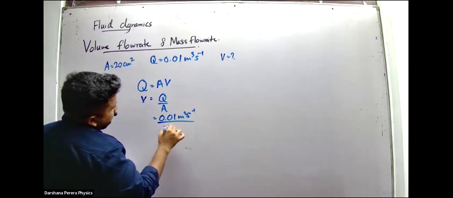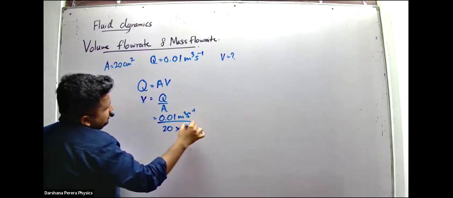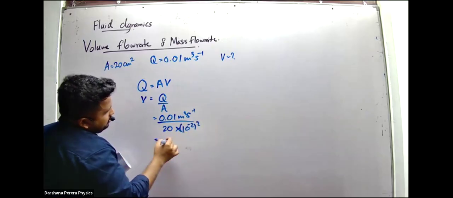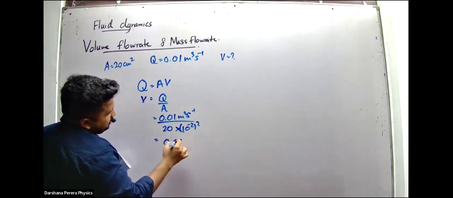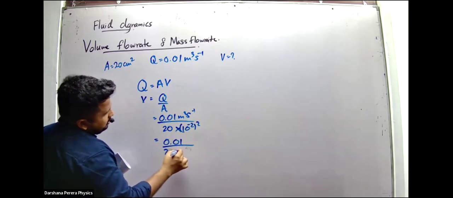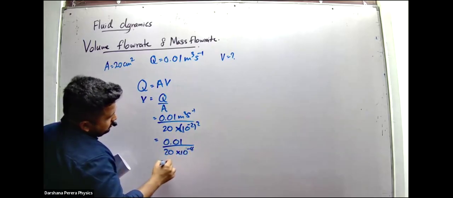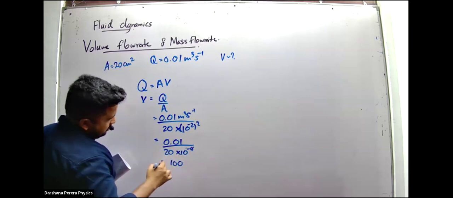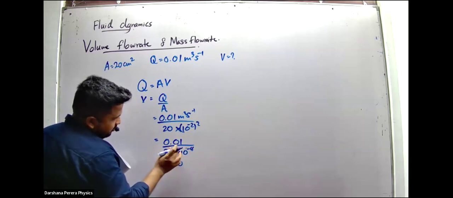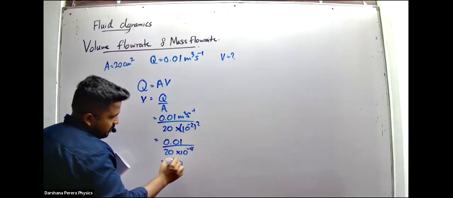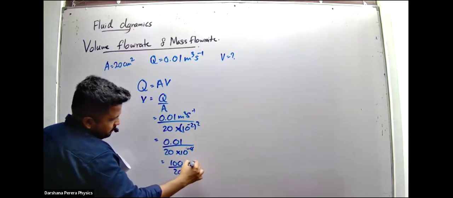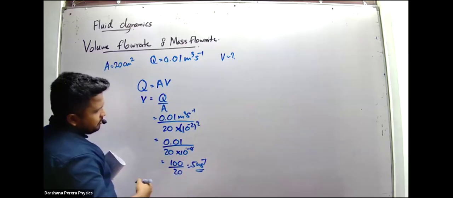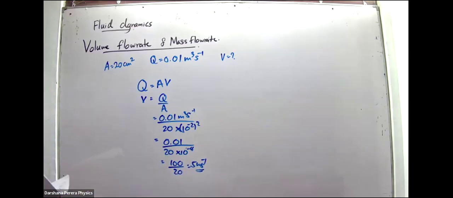A means 20 cm squared, cm means 10 to the power minus 2, squared. So 0.01 over 20 into 10 to the power minus 4. It is 0.01 then 100 over 20, 5 m s to the minus 1, no? Right. Good. The answer is correct.